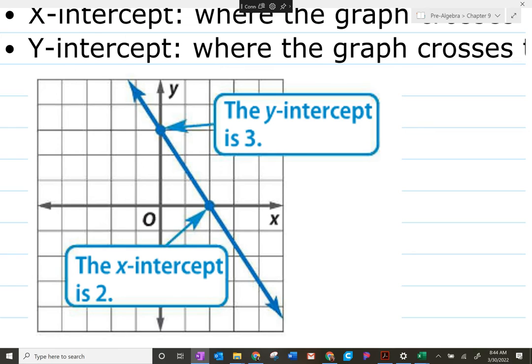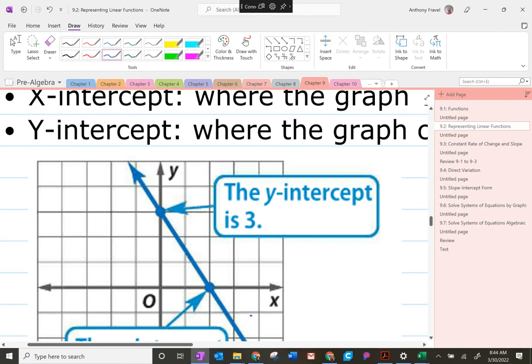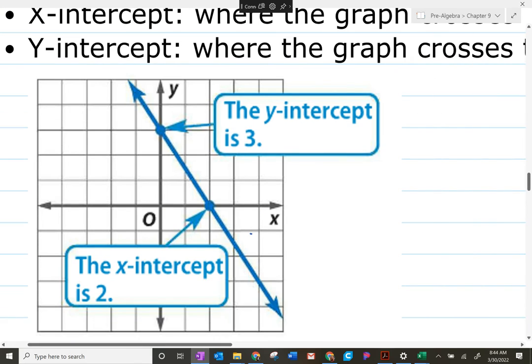Looking at this one, for those people who remember how to find the points on a coordinate plane, we haven't done this since first quarter. Anybody know what that ordered pair would be for this one right here? 2, 0. 2, 0. So this one right here, I'm going to write it. Actually, I'm going to use a different color so it stands out a little bit more. This one here is going to be at 2, 0.